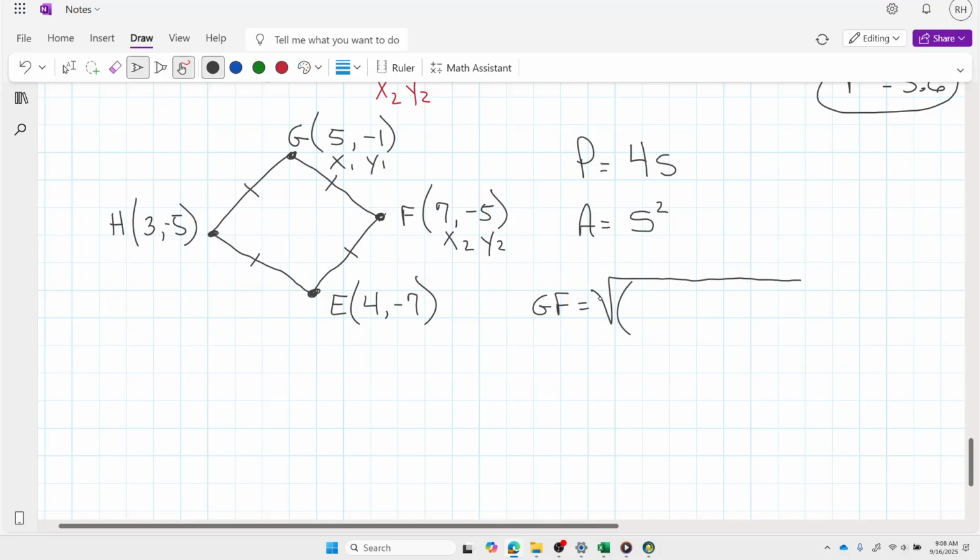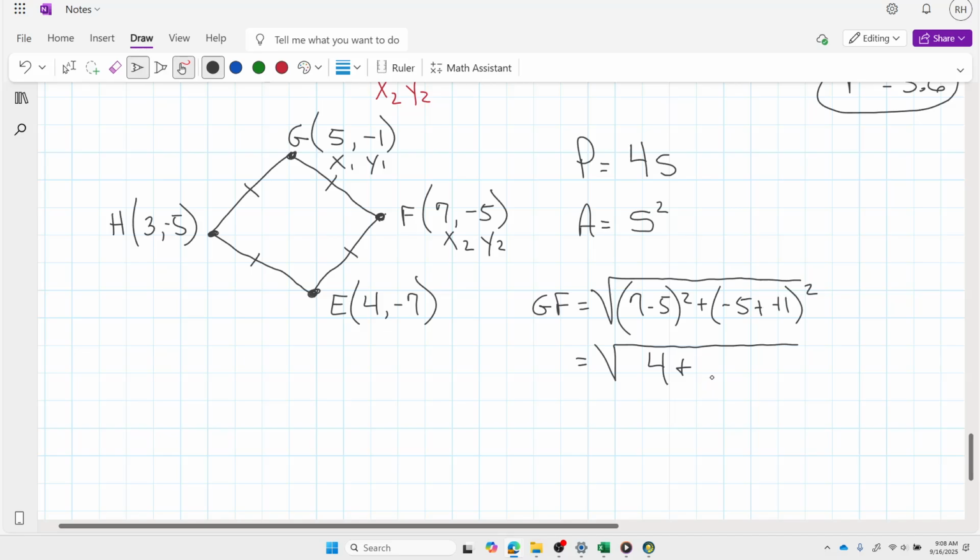So G to F is going to be equal to 7 minus 5 squared plus -5 minus -1 squared. 7 minus 5 squared, so we got 4 plus, be careful over here, -5 minus -1 turns into -5 plus 1, which is -4.